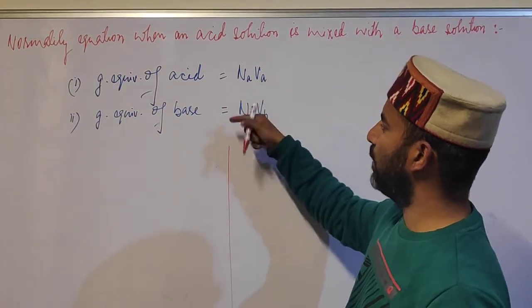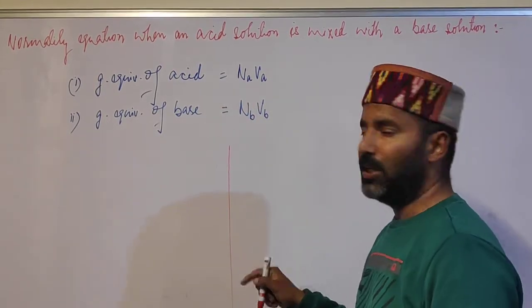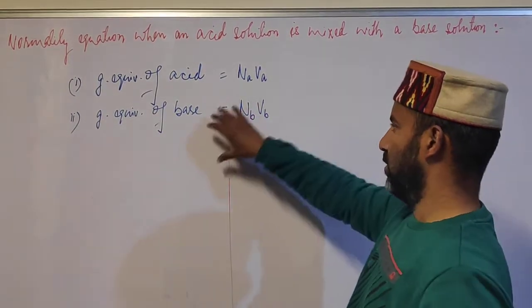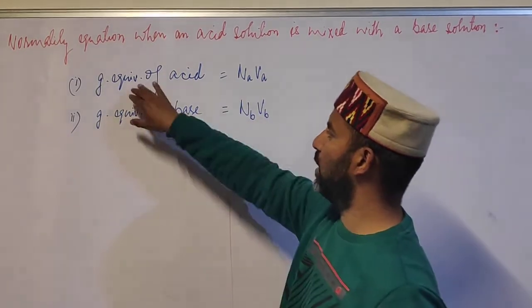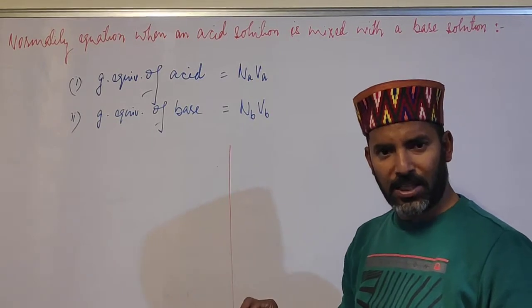Suppose the gram equivalents of acid are more than those of base. Then upon mixing we will have some gram equivalents of acid unneutralized, and therefore the solution will be acidic.